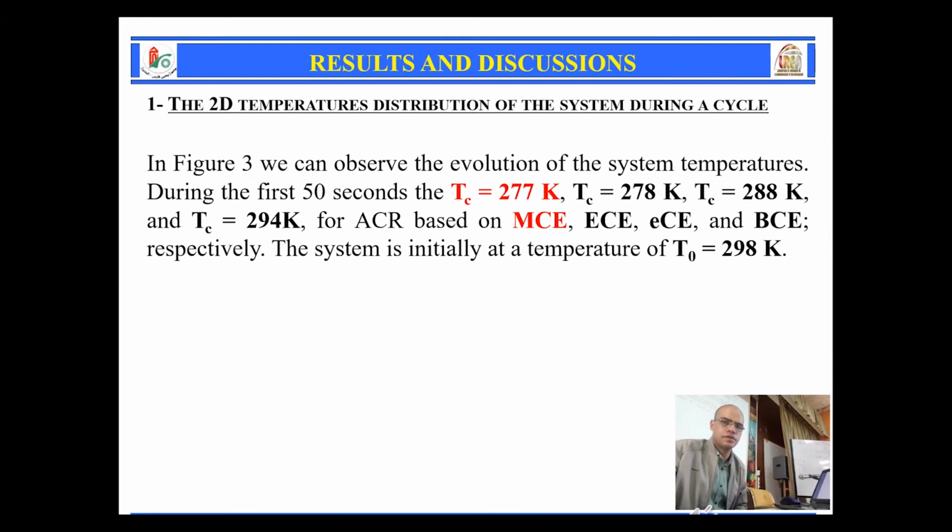The 2D temperature distribution of the system during a cycle. In figure 3, we can observe the evolution of temperature. The best result obtained with magnetocaloric material, 277 Kelvin. The system is initially at a temperature of T0.